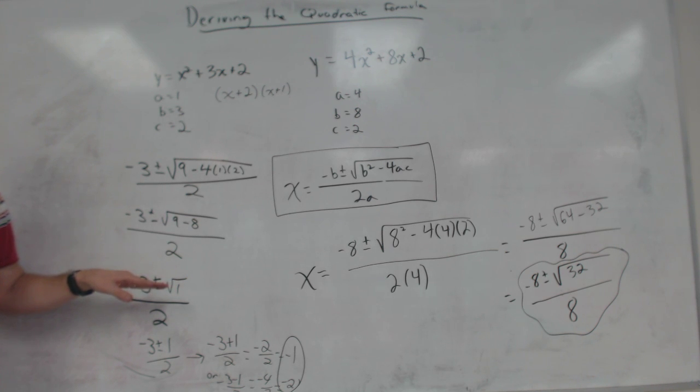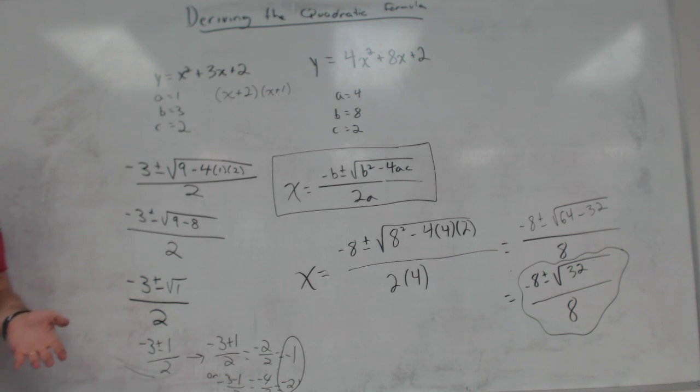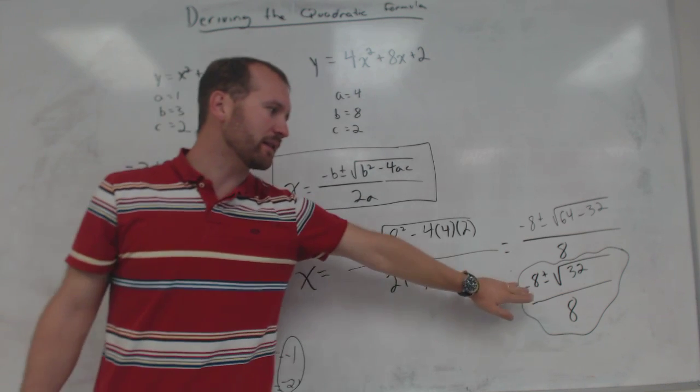Now the tricky thing about assigning homework around this: if you see a problem like this, I would recommend you factor it to solve it. But that's not going to help you practice the quadratic formula. And if it's not factorable, you're going to get something weird like this.